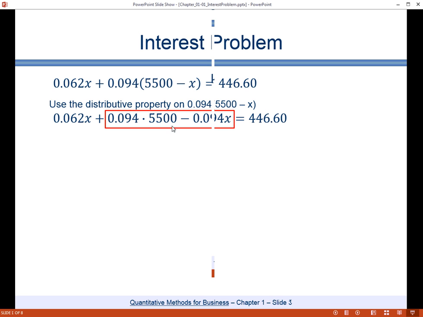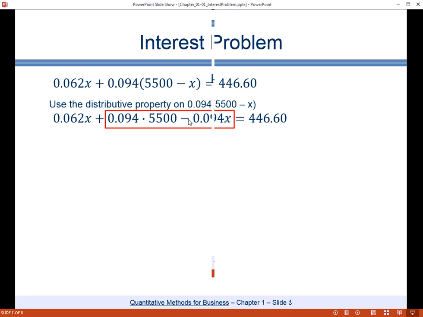Okay, so what we want to do is use the different things that we're allowed to do to an equation that don't change the equation to get all of the terms that have x on this side of the equation and all the terms that have just constants in it over on this side of the equation.